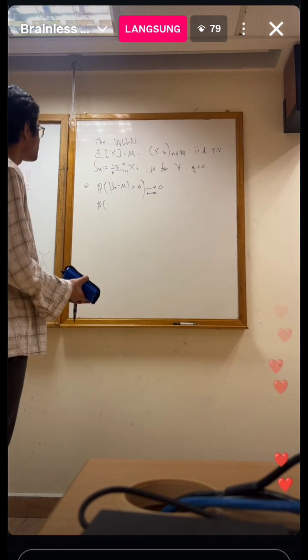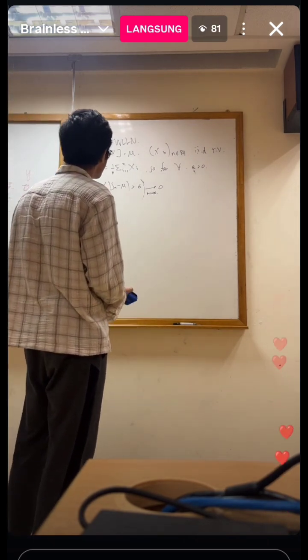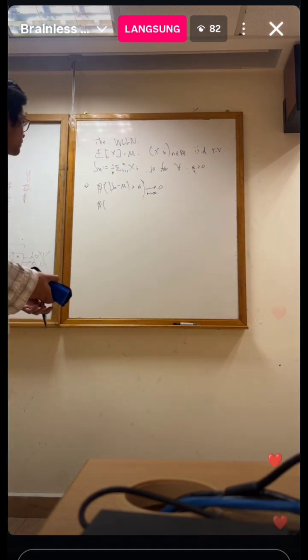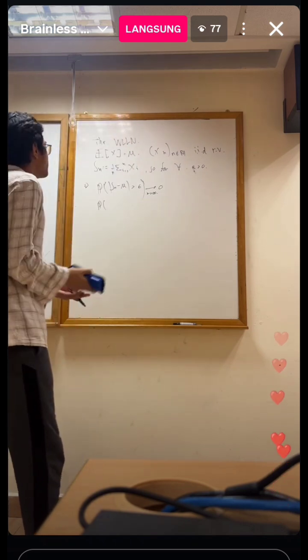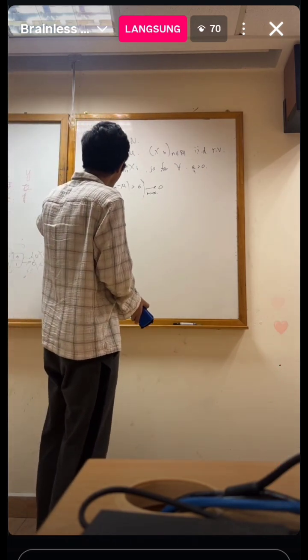So, okay, what is this supposed to be? Since we just learned the moment generating function, we might as well try to make use of it. For any epsilon, what was it again?